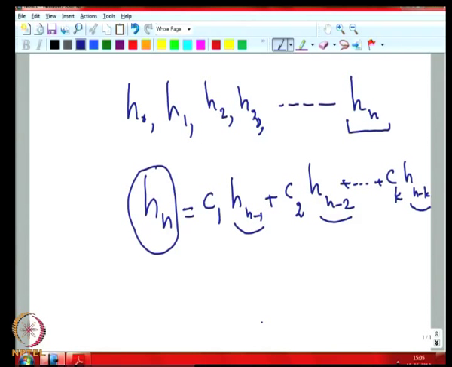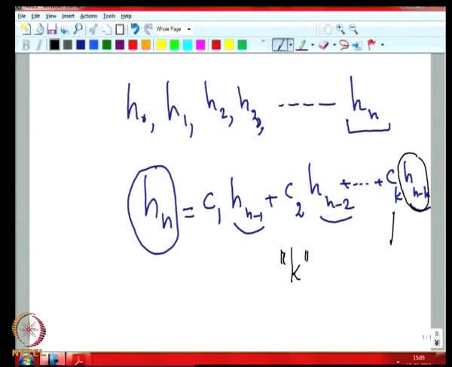You should note that when I say this recurrence relation is of order k, what we mean is that the lowest term we are taking is h n minus k.